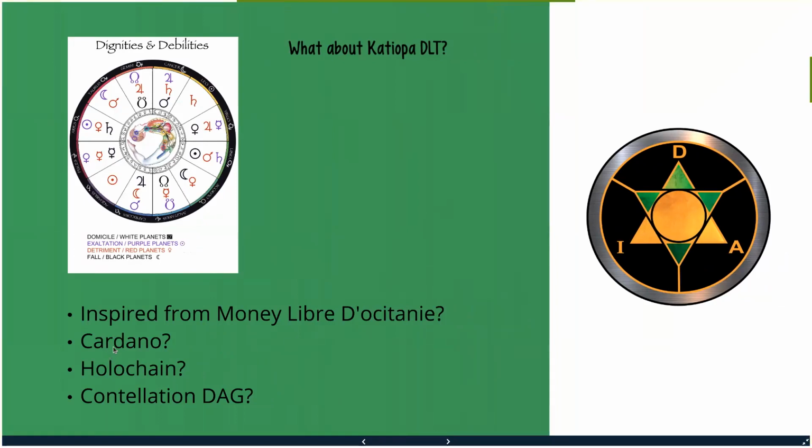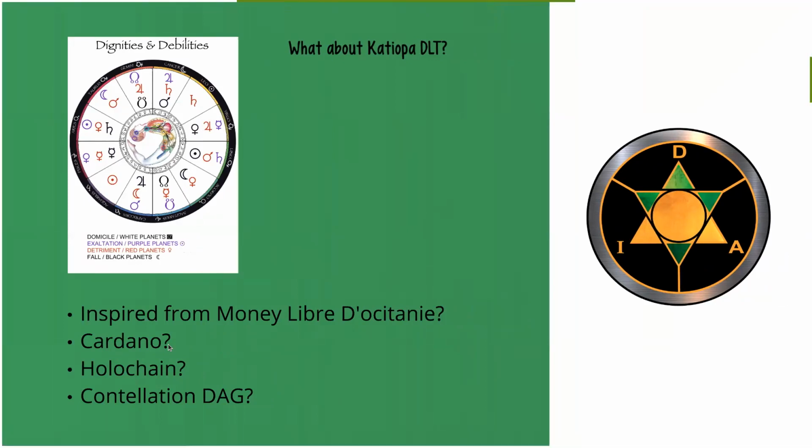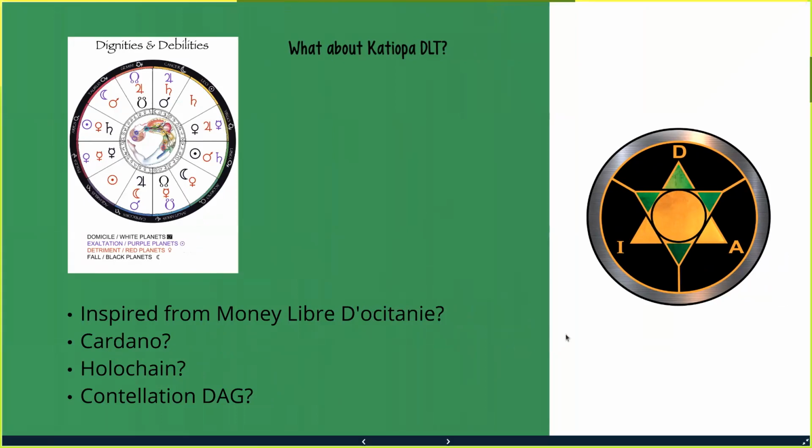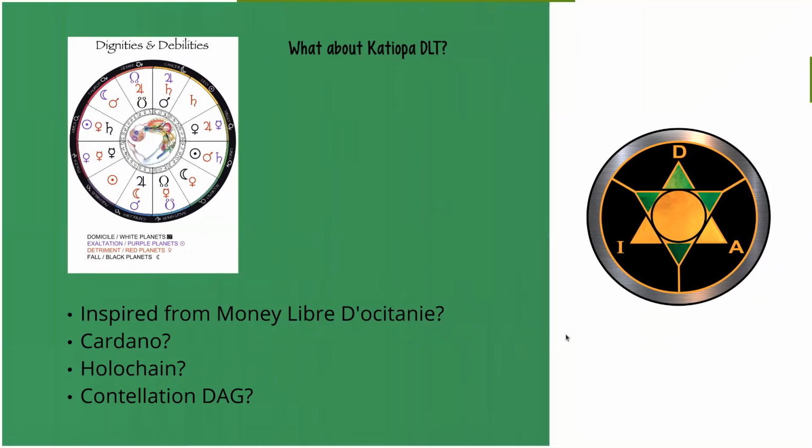How about we get inspired by what Cardano is doing, through which we are here today? And how about Holochain and Constellation DAG? Those are just some pointers that I wanted to share with you as an inspiration path or research path for us.